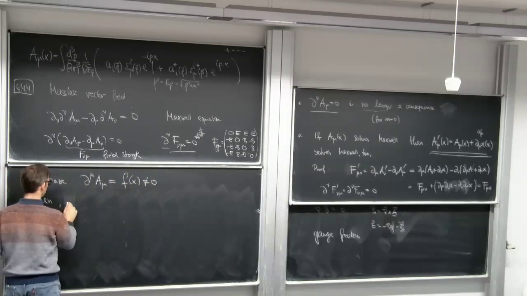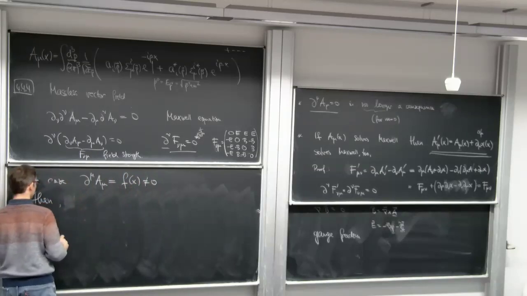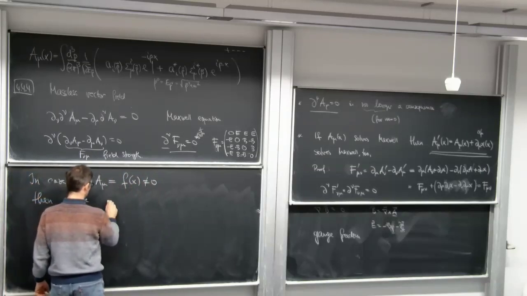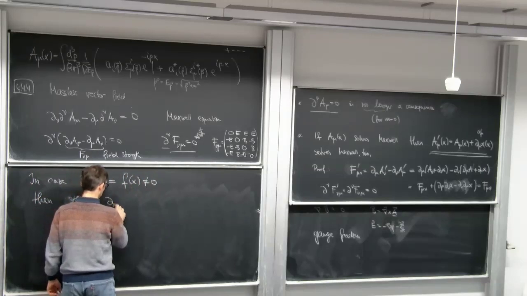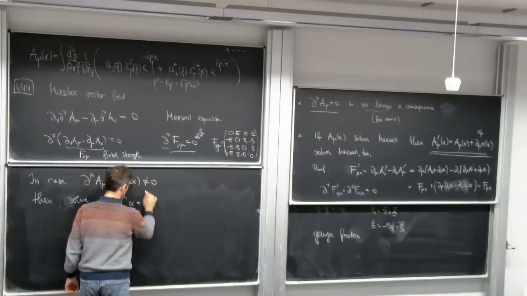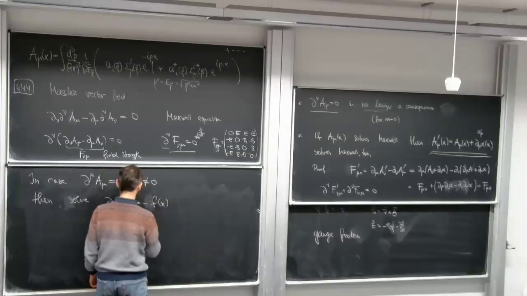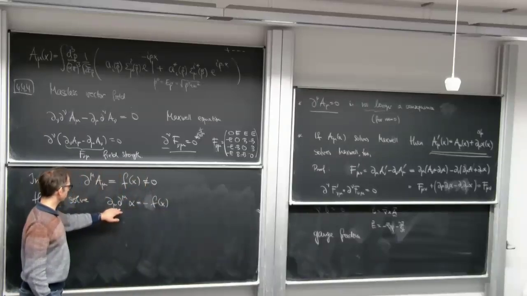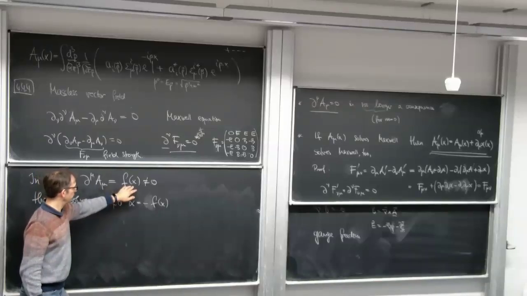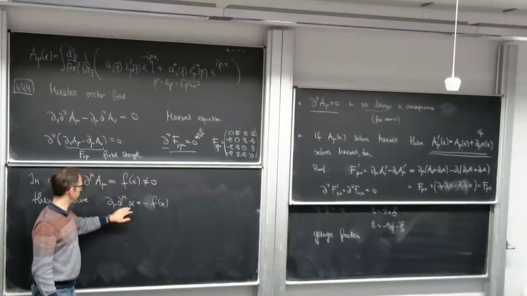Then, first of all, solve box of alpha equals, I think, minus F. Let's see if it comes out. Whatever you find, computing the divergence, use this in your equation and solve this.